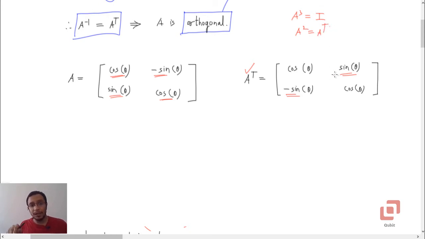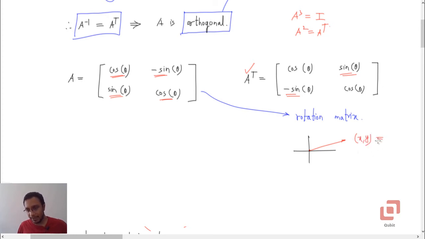Okay, now we come to the geometry of this. We also call this matrix a rotation matrix. What does it mean? It means the following. Suppose that there is a vector which begins at the origin and which ends at some other point x, y.